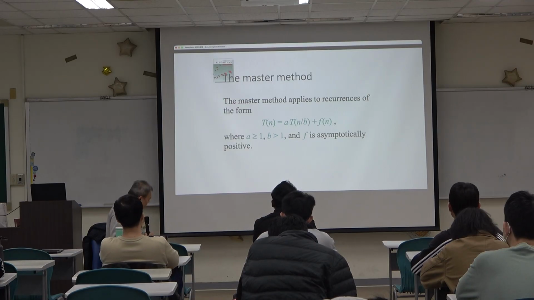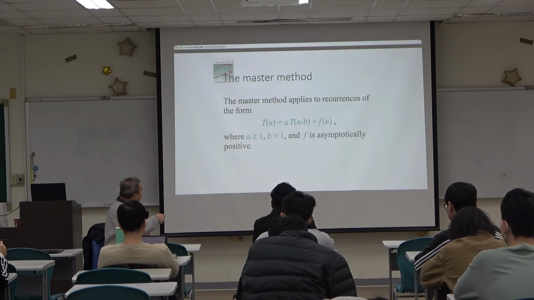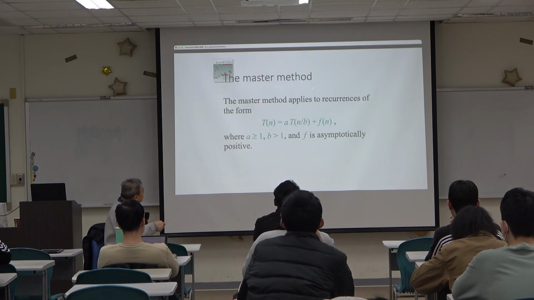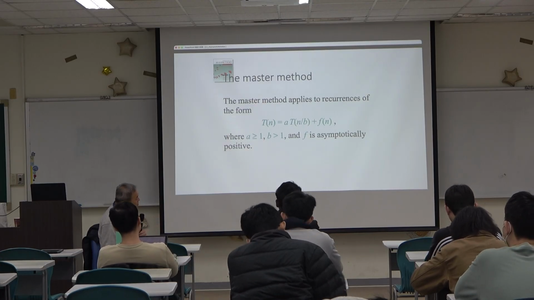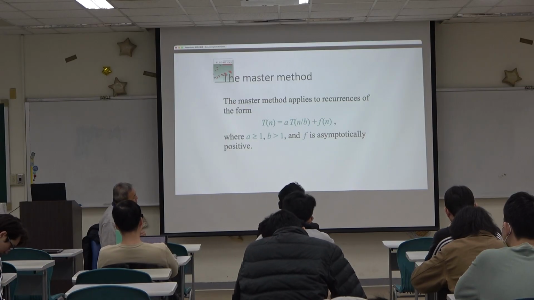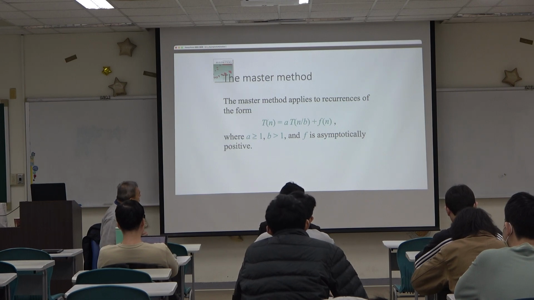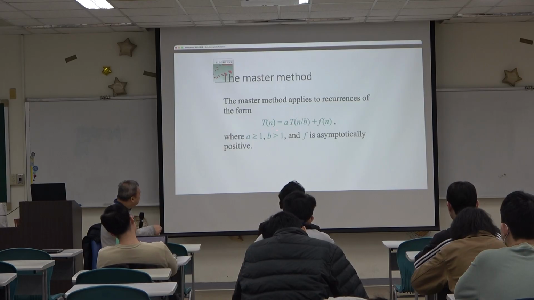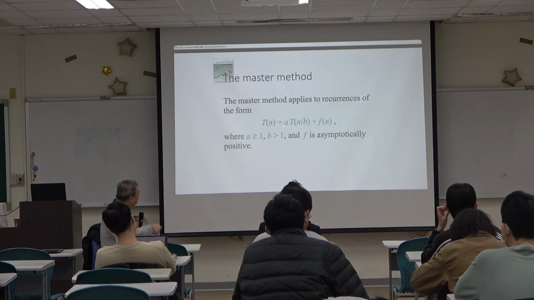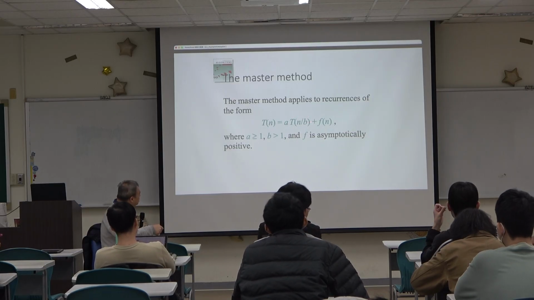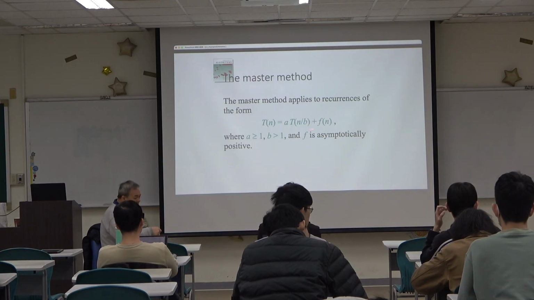And the last one is the master method, or master theorem. It's a theory, or you can say a tool, that can be used to solve recurrence relations, but it only applies to recurrence relations of this form: T(n) equals a times T(n/b) plus f(n).